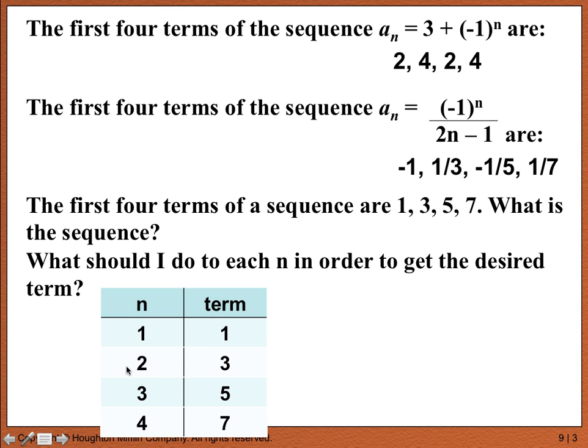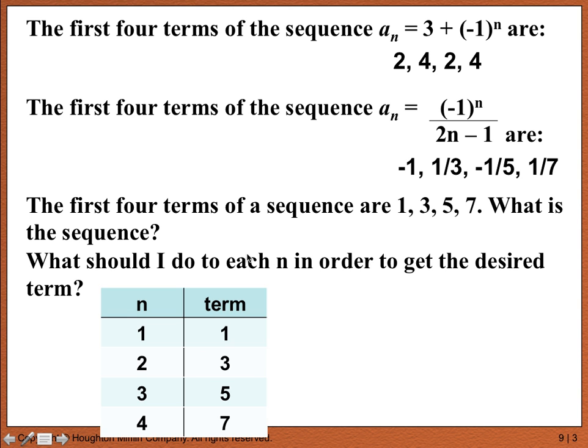Here, the second term has a value of 3, the third term has a value of 5, and the fourth term has a value of 7. The number of the term, the n, simply indicates the order in which that term appears. The value of the term is what the number actually equals, and those values, 1, 3, 5, 7, are given to us.